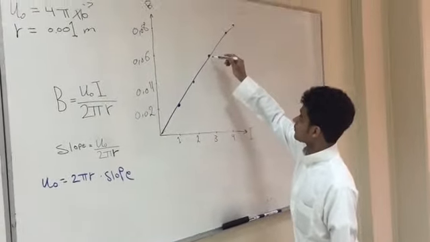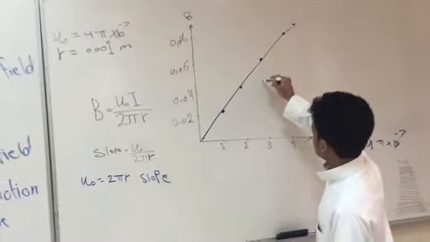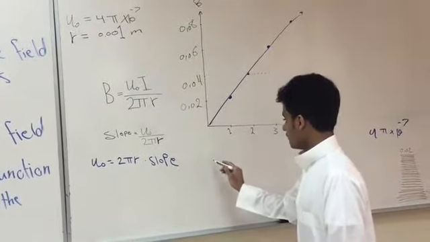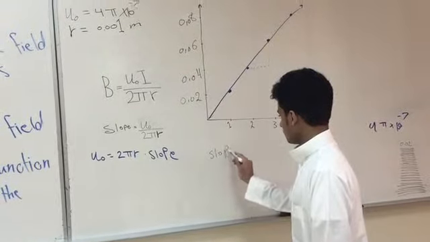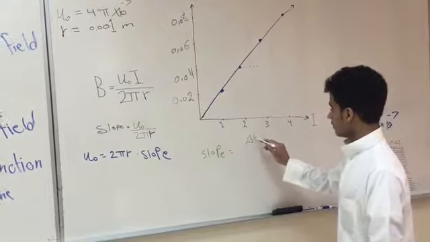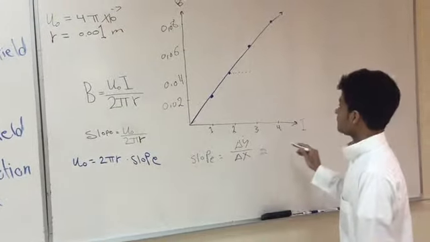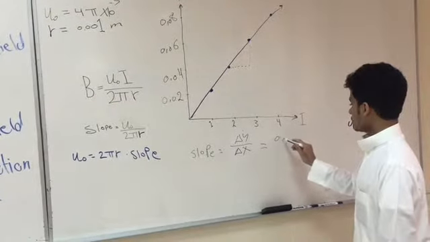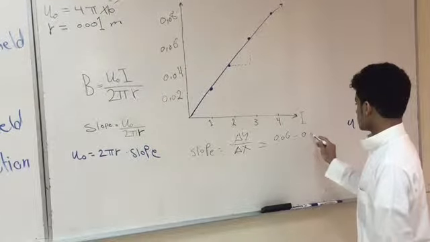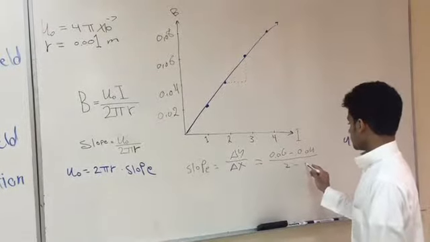For example, the slope from this graph equals delta y over delta x. That means 0.06 minus 0.04 over 3 minus 2.